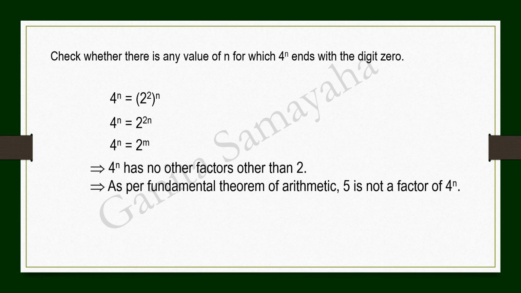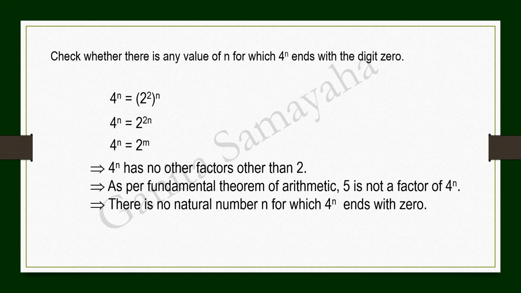We have got our fundamental theorem of arithmetic. As per the fundamental theorem of arithmetic, there are no other factors other than 2. So this tells us that this number 4 to the power n does not end with 0. This is how we logically analyze it and establish it, children.